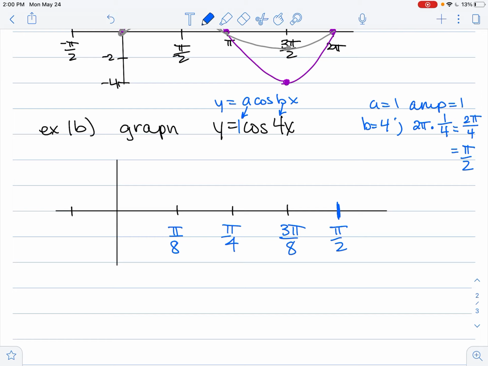And this is going to have our same pattern, but instead of going all the way to 2 pi, we're going to end here. So we're going to start at the peak for cosine, and then we're going to go down, down, up, up.